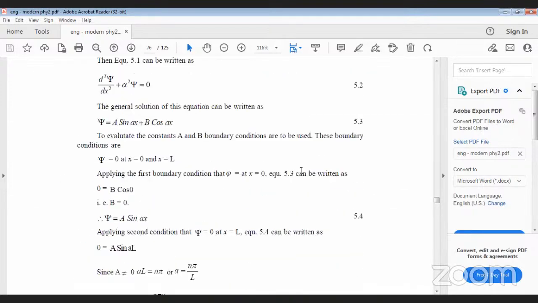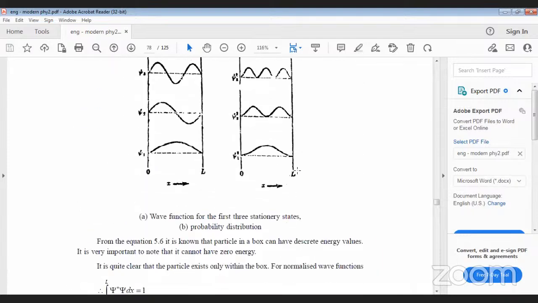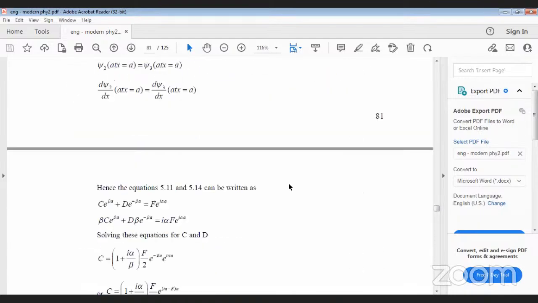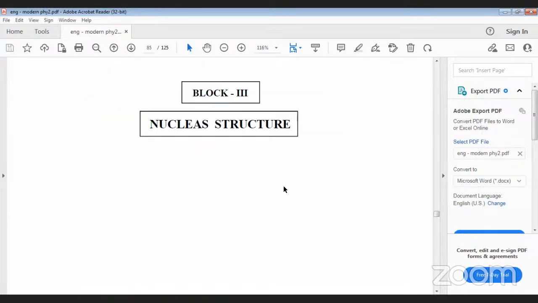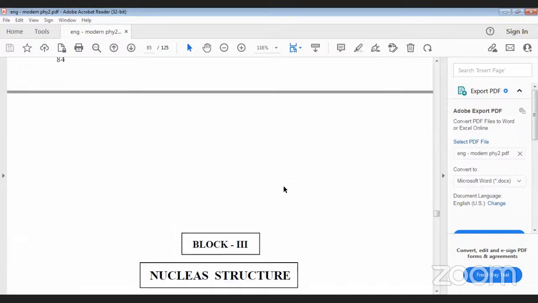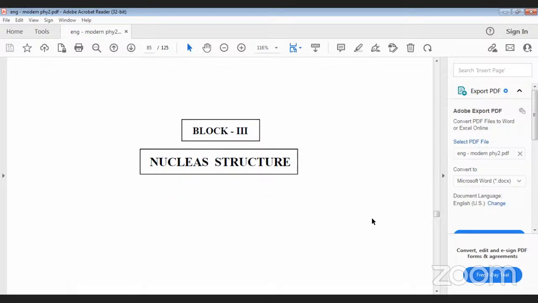One box లో ఉన్నప్పుడు పార్టికల్ దాని యొక్క ఎనర్జీని ఎట్లాగా, దాని యొక్క వేవ్ ఫంక్షన్ ఎట్లా మనం జనరేట్ చేయొచ్చు, ఎట్లా చూపించచ్చు అనేటువంటిది మోస్ట్ ఇంపార్టెంట్. పొటెన్షియల్ బ్యారియర్ గురించి. సో ఒక్క టాపిక్ మీకు ఒక 10 minutes లో చెప్తాను. లేటర్ ఆన్ వీ విల్ డిస్కస్ ఉంటుంది బ్లాక్ 3. నెక్స్ట్ మే, నెక్స్ట్ వీక్, ఈ వీక్ లోను మనం మే ఫస్ట్ వీక్ లో ఉన్నాయి కాబట్టి Friday, Saturday, Sunday, there we can discuss block 3 as well as block 4.